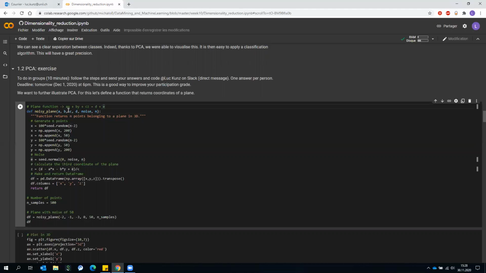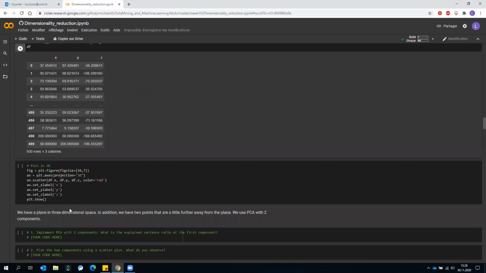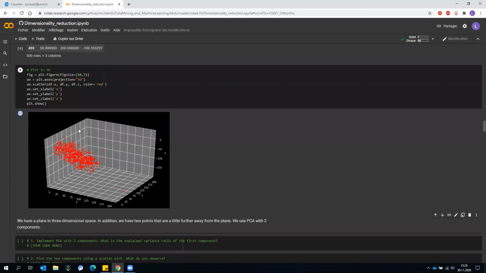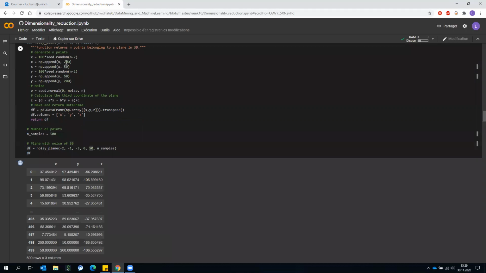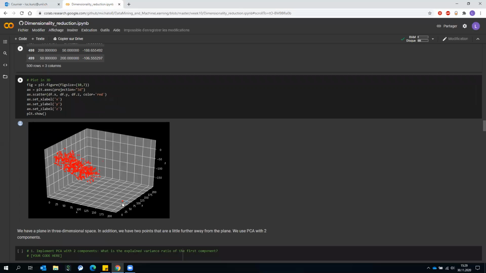For instance, if I want to have 500 points with a noise of 50, it generates the points, and then I can plot them in 3D to show you that we have a plane. It also generates 2 points that are a bit further away from the plane. You will see why while doing the exercise. Those 2 points belong to the plane, but they are a bit further away.